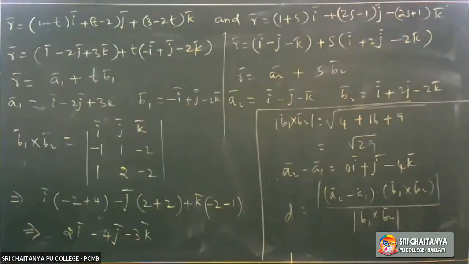Copy this one slowly. You should get that value as the numerator is equal to 8 and the denominator is equal to root 29.